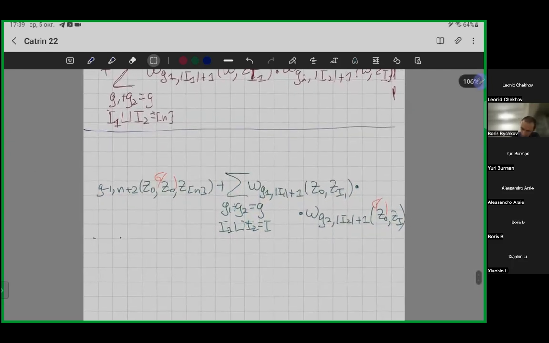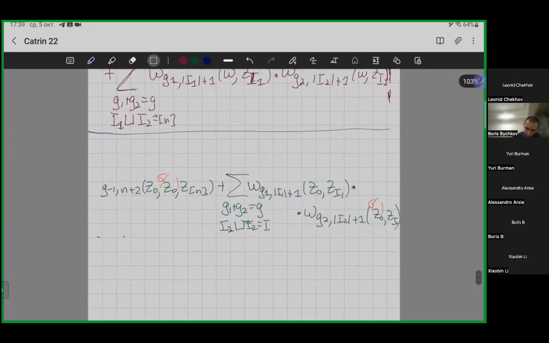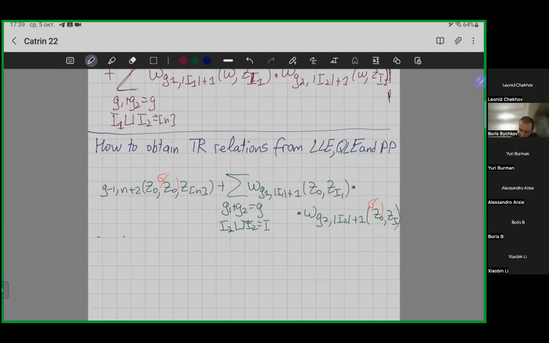Okay, so how to obtain the TR relations from the linear loop equation, the quadratic loop equation and the projection property.